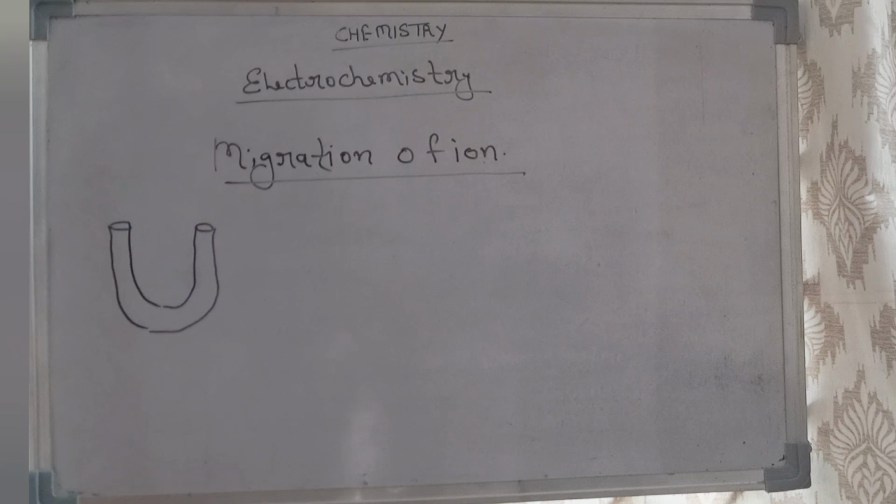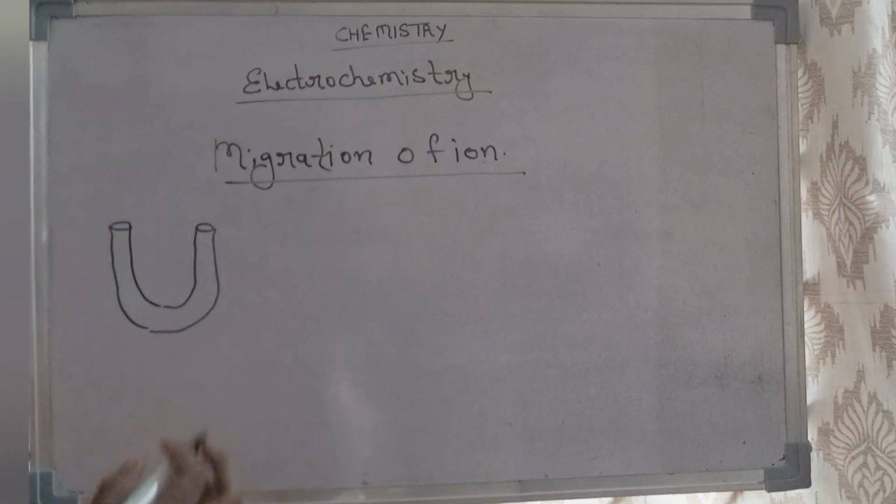Because phenolphthalein is used to check whether the base is there or not, because it indicates the pink color when it comes in contact with a base. So we will take phenolphthalein for this particular experiment, because we want to see how the base and acid ions move from one place to another. So we will take phenolphthalein as an indicator.